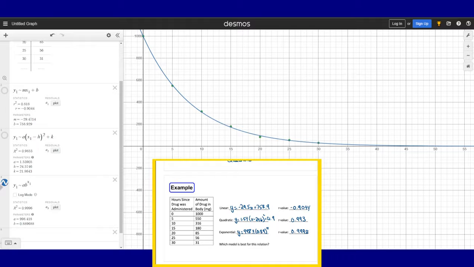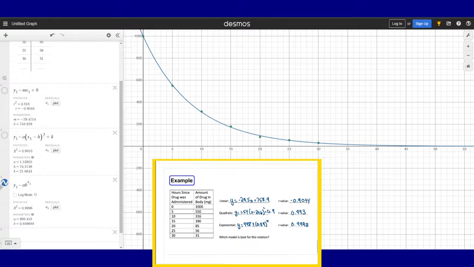One, based on the R value down to the decimal place, and two, based on the given scenario. The amount of drug in our body should keep getting smaller and smaller. So in some cases, you may have to reason through it if the R values are all relatively strong. But usually, you should be able to use some common sense or general reasoning about which model makes sense.